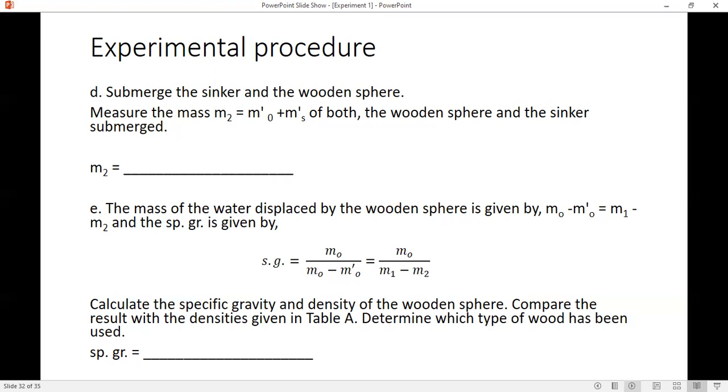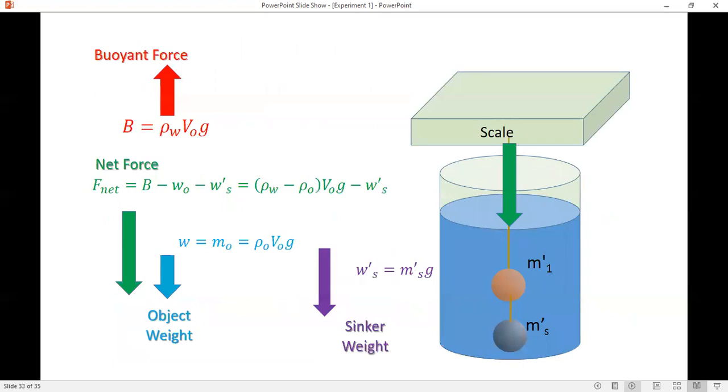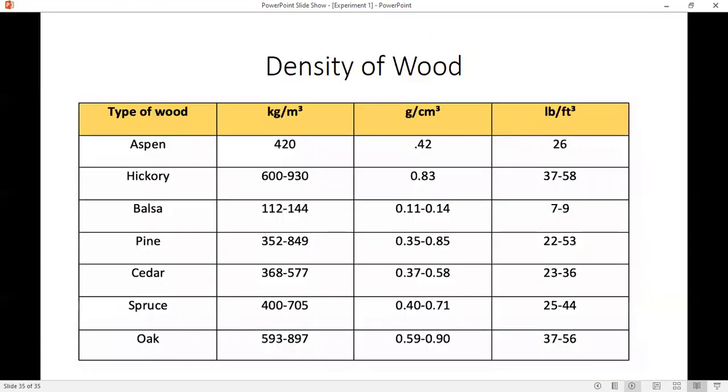All right. For the wood, you want to compare this measurement that you get, and it better be less than 1, because otherwise it wouldn't try to float. And you're going to compare it to these different values for wood. I think in the lab, they only give you pine and oak.